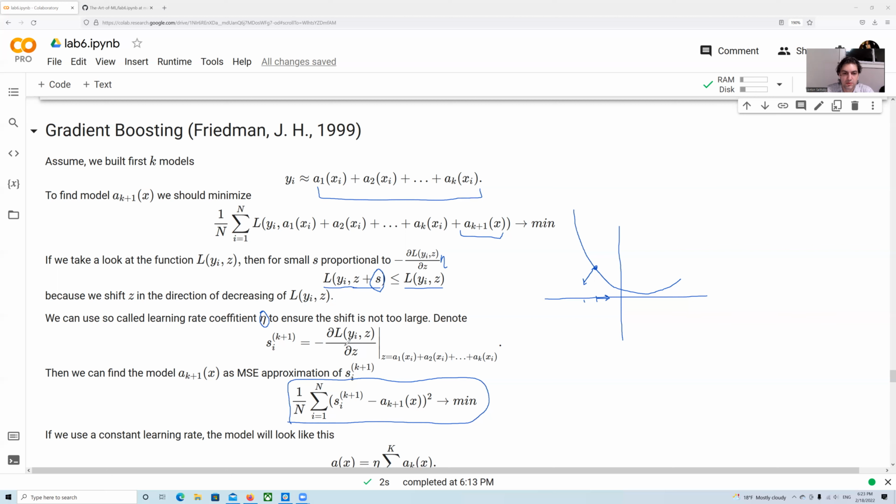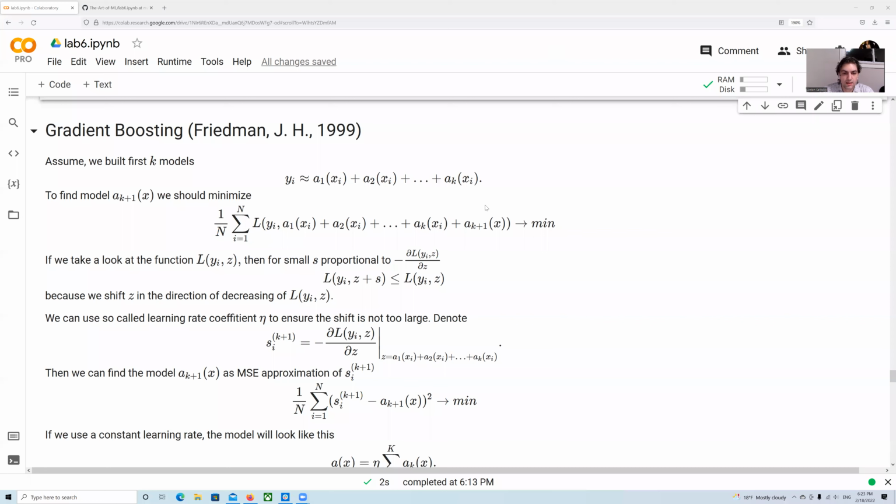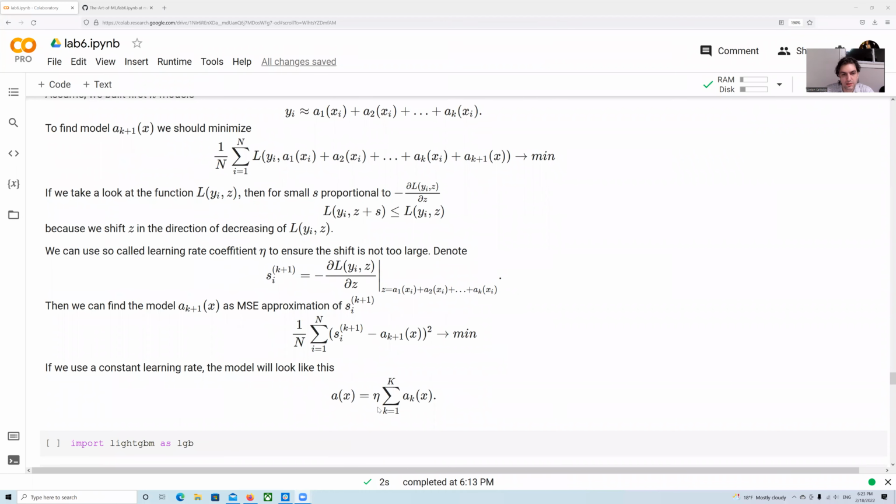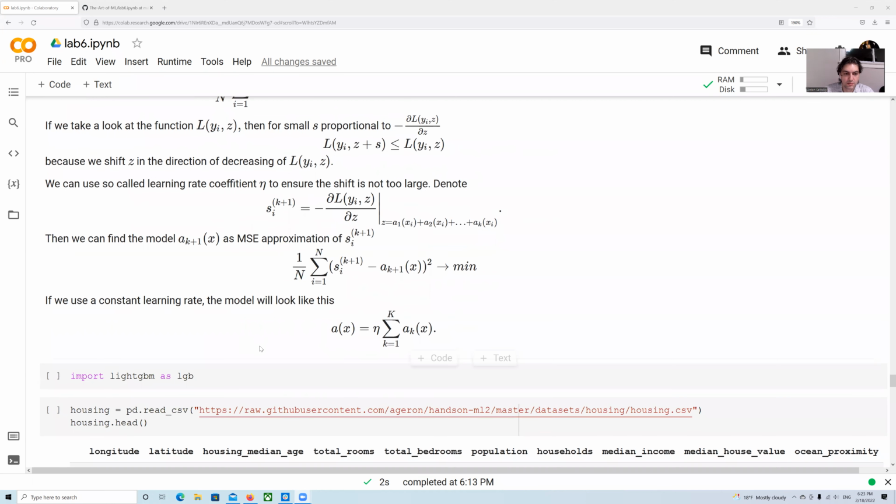We use the gradient of our loss function to build the next model instead of using the errors as in this previous simple boosting case. And if we use this learning rate factor, if it's the same for each step, then we can just factor out this rate, and we will get this final model for gradient boosting.